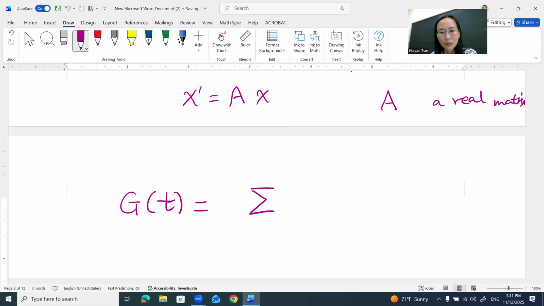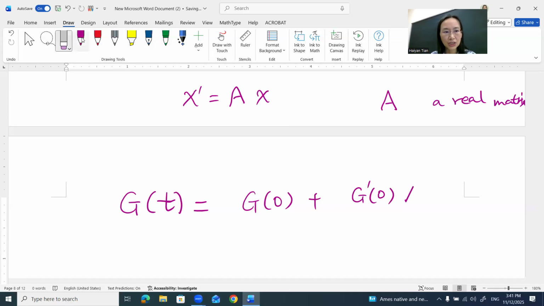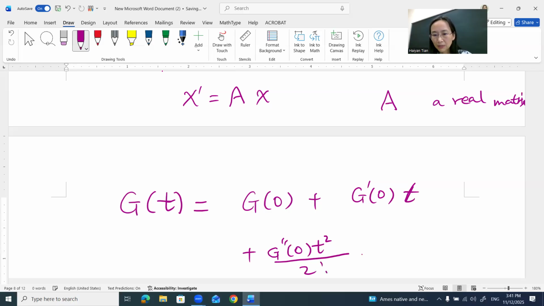So we can represent this G at 0, plus the first derivative of G at 0 times t, right? t minus 0, so times t, and then plus the second derivative of G at 0, t squared over 2 factorial, plus etc. So the kth derivative of G at 0, t to the kth power over k factorial.